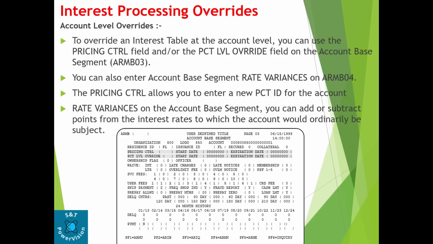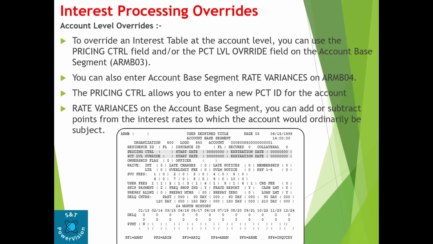To override an interest table at the account level, we can use the pricing control field and/or the PCT level override field on the account-based segment RMB03. You can also enter the account-based segment rate variance on RMB04. The pricing control allows you to enter a new PCT ID for the account here.